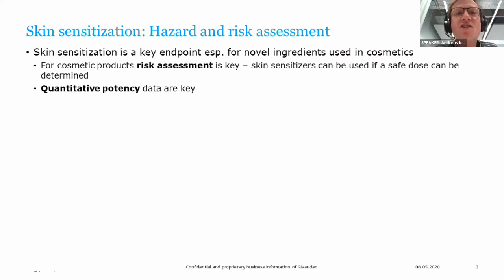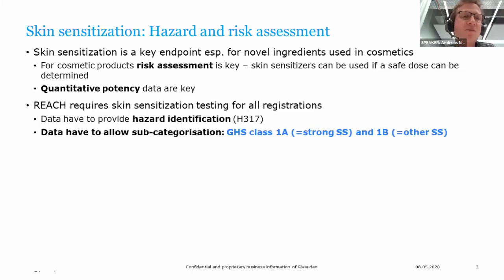So in skin sensitization, we have the two questions to solve. We need hazard and we need risk assessment. Working in the cosmetic supply industry, of course, risk assessment is of key importance for us because we can still use skin sensitizers in cosmetics, but we need quantitative potency data to have a point of departure to then do risk assessment.